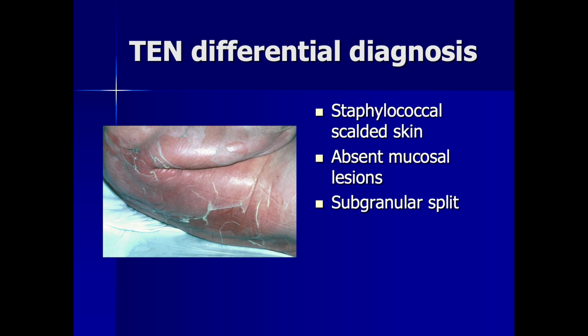But in staph scalded skin, the mucosae are spared, and the level of split producing the blistering is higher than it is in toxic epidermal necrolysis. So in staph scalded skin, the level of blistering is just below the granular layer. In TEN, there's full thickness epidermal necrosis.